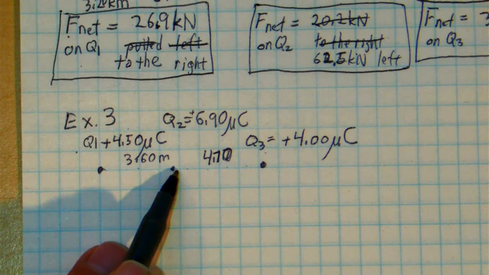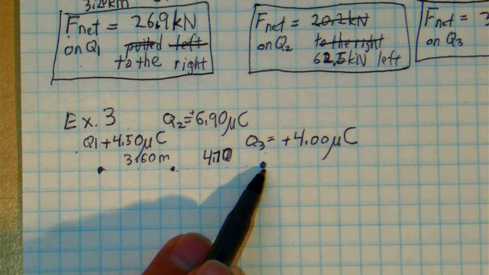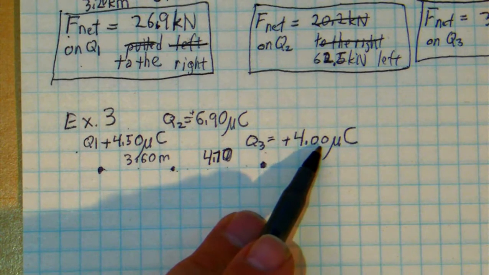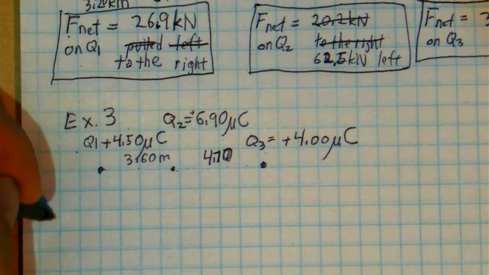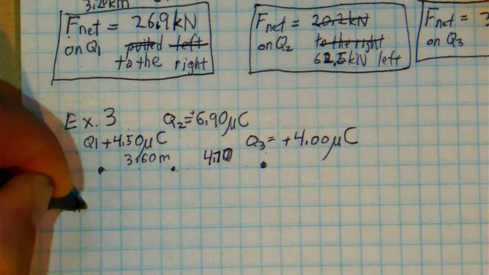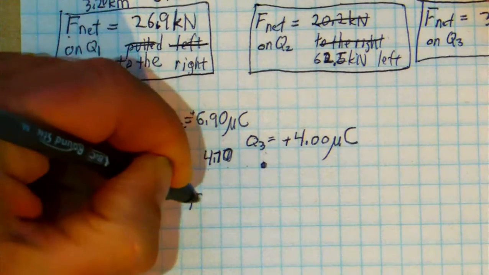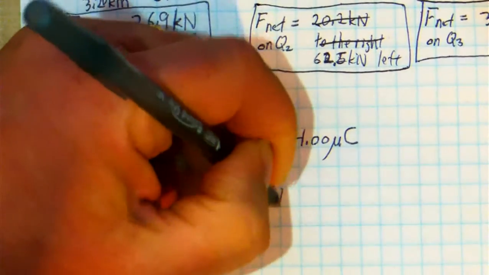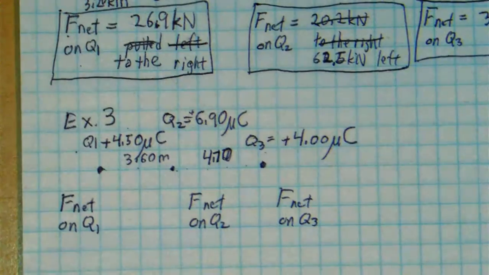Going an additional 4.70 meters to the right of charge Q2, charge Q3 has a value of positive 4.00 microcoulombs. As before, calculate the net force on Q1, the net force on Q2, and the net force on Q3.